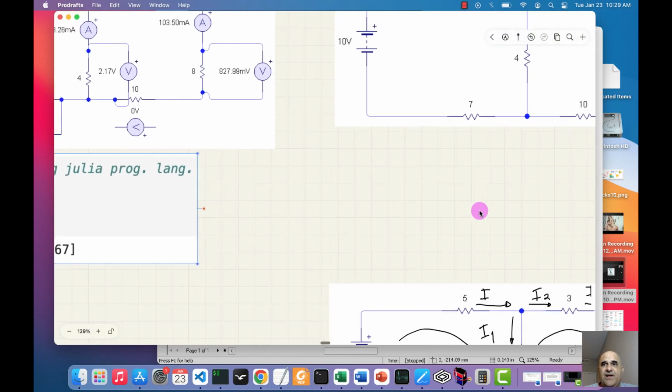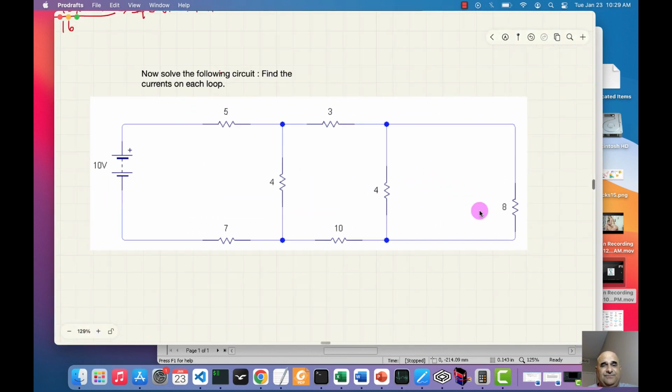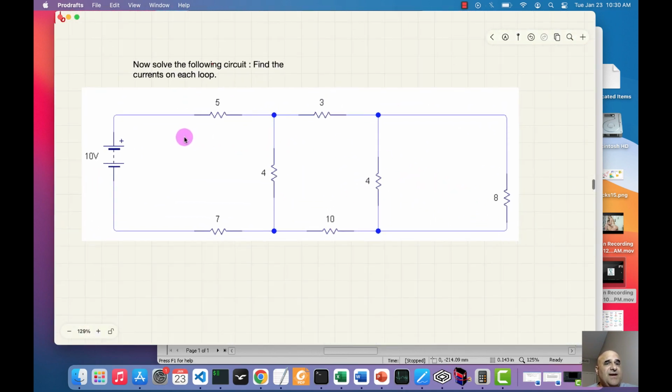Well, here we have another circuit. Look, this circuit is composed by 1, 2, 3 loops. So it means that I will need to solve a linear system with 3 variables and 3 equations.